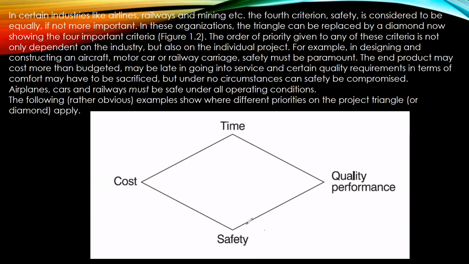This means safety now becomes a main criteria, not just a combination of three criterias, because as you can realize, the cost is still there, the time is still there, and the quality performance is still there. But now we are adding a fourth criteria, which is the safety.